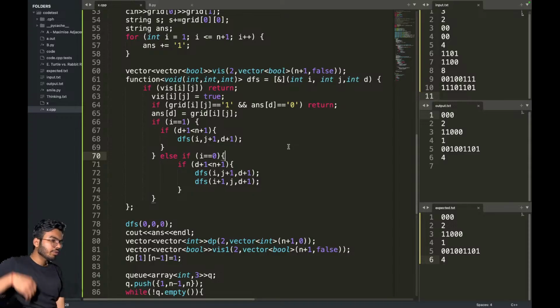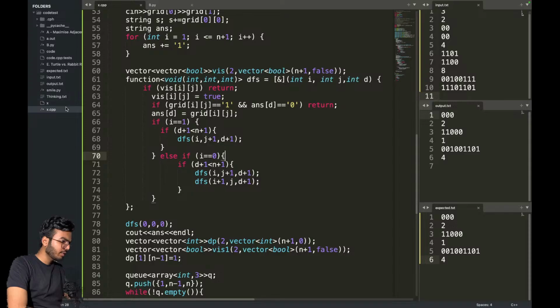I mean, there are two ways that I could be going wrong, either in the B problem or in the C, either in the first part that I'm not calculating the path correctly, or maybe, hmm, I think I'm calculating the answer pretty well. I'm not calculating the path correctly. So what I can do is let's actually try to do this randomly.